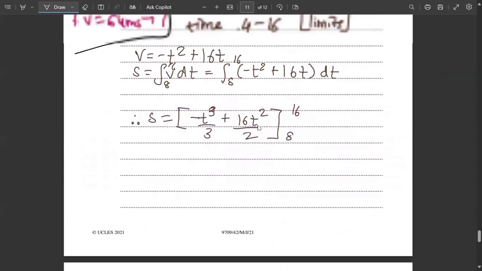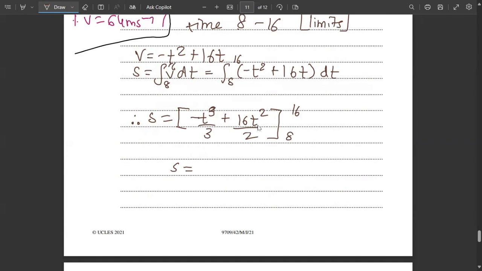Now, if I put this in my calculator, minus t cube upon 3 plus 16 t square upon 2.